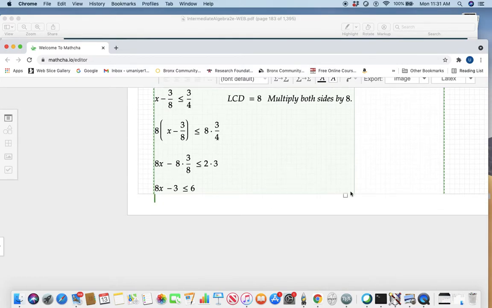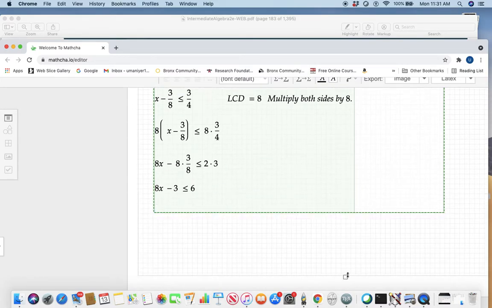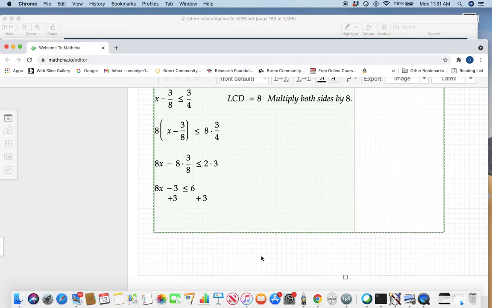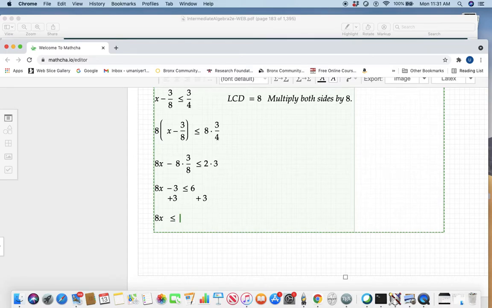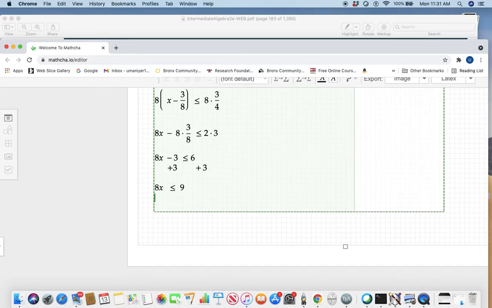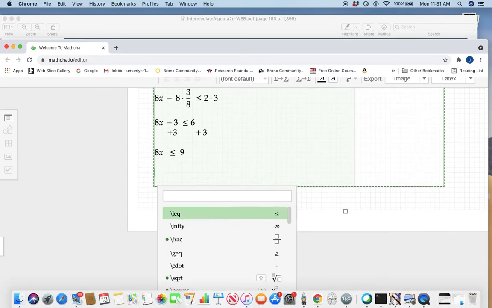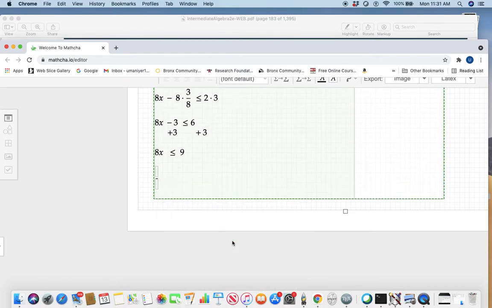To solve for x, I have to move the negative 3 to the other side. The opposite of negative 3 is positive 3. So 8x is less than or equal to 6 plus 3, which is 9. Divide both sides by 8.